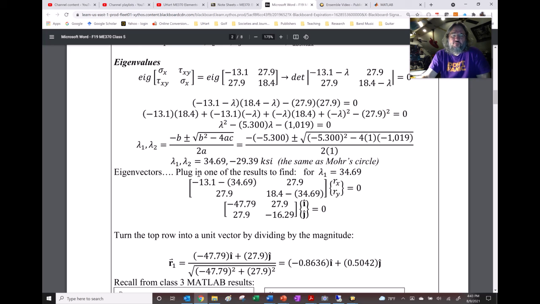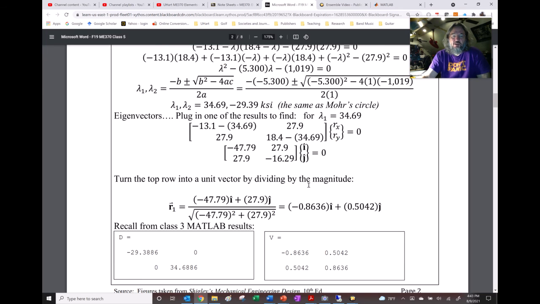But if you want to find the eigenvectors, what you do is go back up to this top thing and plug in one of the lambdas for one of these, right? And then you put in what are these coordinates right here, this Rx and this Ry. And what you end up finding is that the top row is that times i and that times j, right?